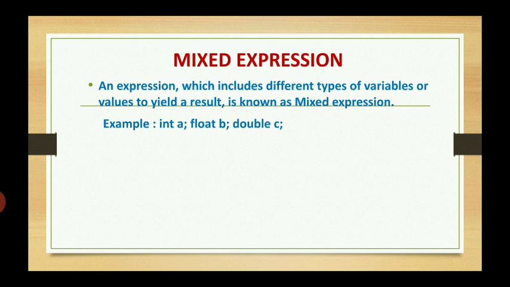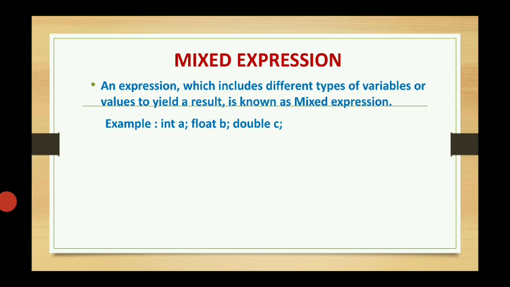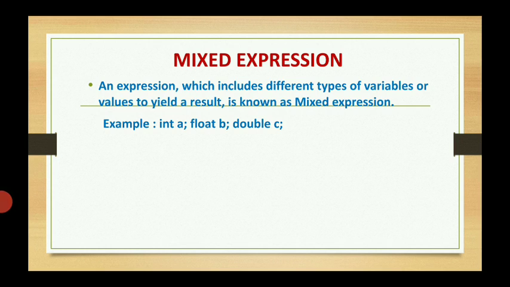In the previous example of pure arithmetic expressions, all the variables were the same type, that is integer. But here they are different data types: one is int, one is float and one is double. So this is known as a mixed expression.